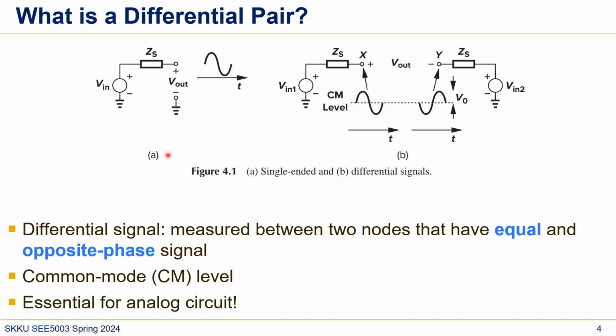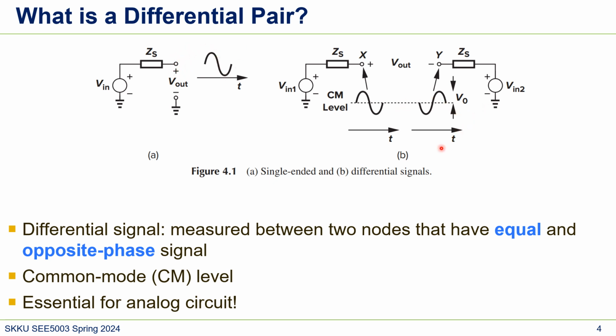So let's see this figure. The left one is single-ended. Single-ended means that the output node has a signal, and the reference is the ground. So only a single node has a signal.